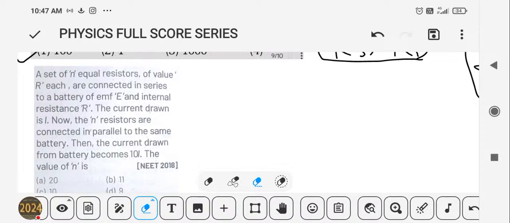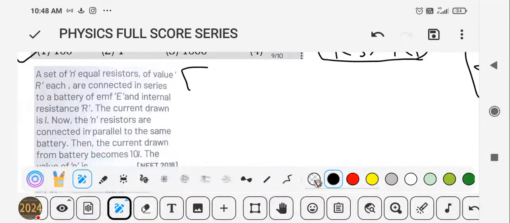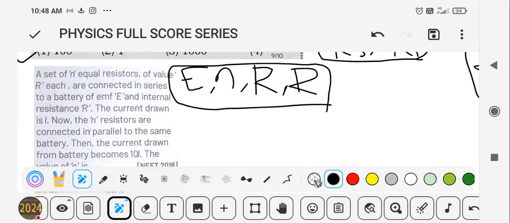For this question, the terms are EMF E, the number of resistors n, the internal resistance, here given as capital R, and also the normal resistance. If all these terms are included and they are talking about series and parallel, then to solve this question there are derived formulas.